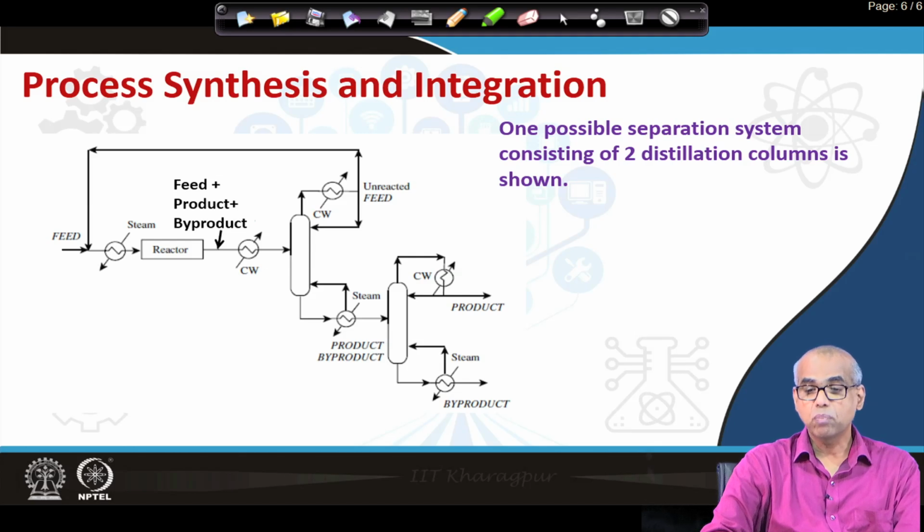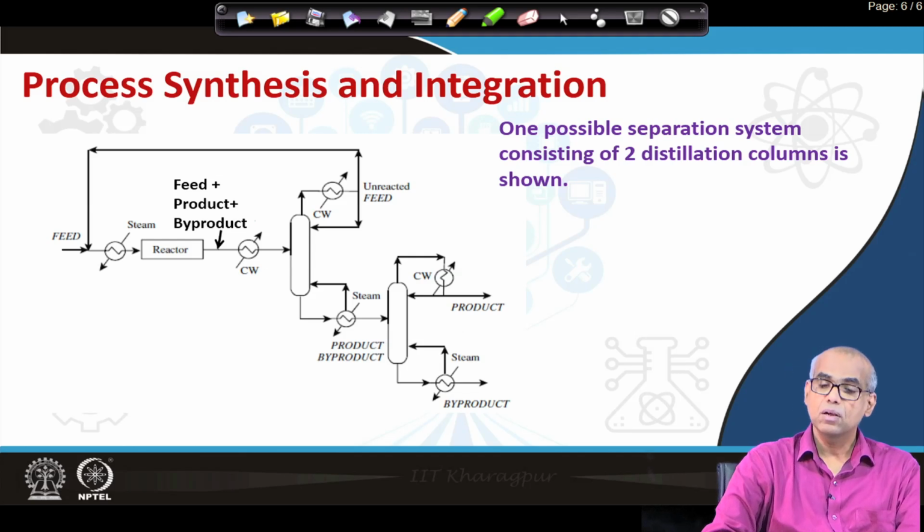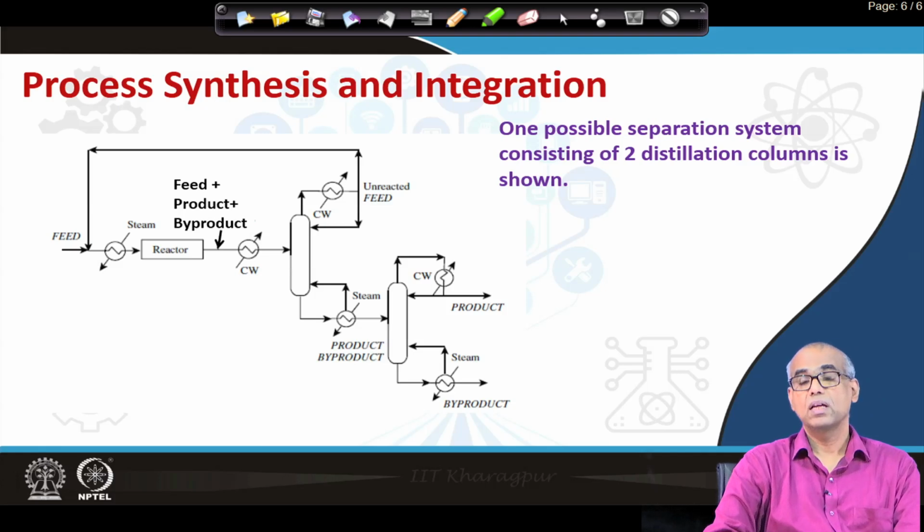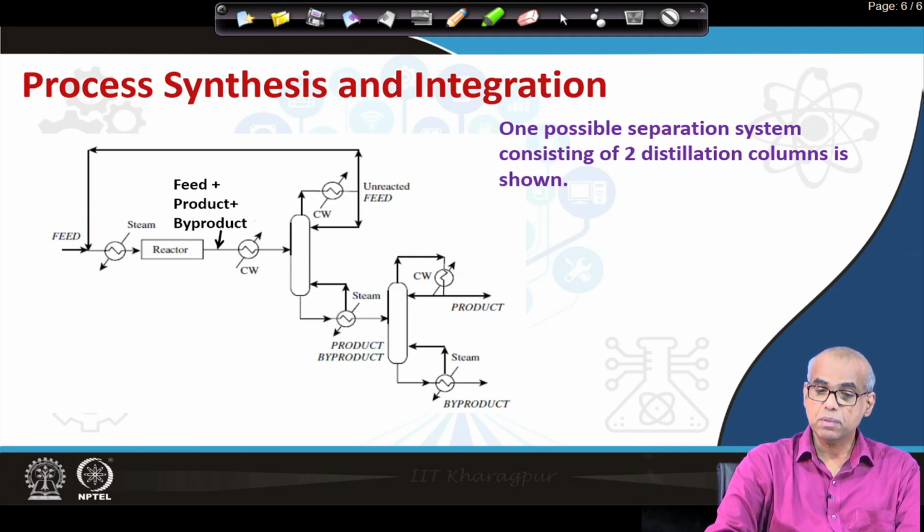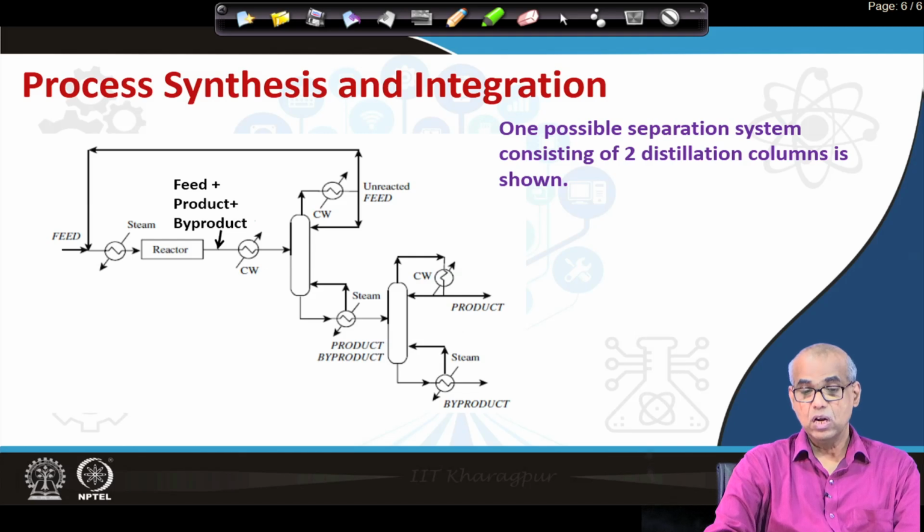So, one possible separation system consisting of two distillation columns is shown in this flow sheet. Note that there are several possible alternatives. It is not the only alternative that is possible. So, we can think of various possible separation systems to separate the feed, product and the byproduct.